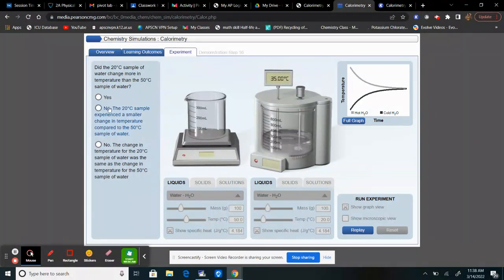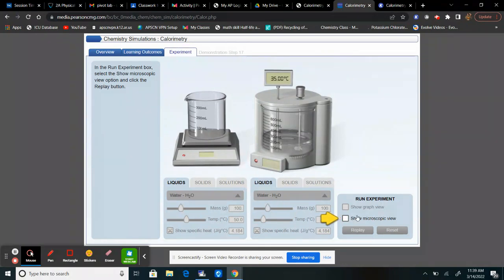So again, we'll say yes, which again is an incorrect answer, simply because I would like to actually show the microscopic view. So we have the correct answer shown as no, the change in temperature for the 20 degree sample of water was the same as the change in the 50 degrees. And you can see that because our graphs are fairly equal.